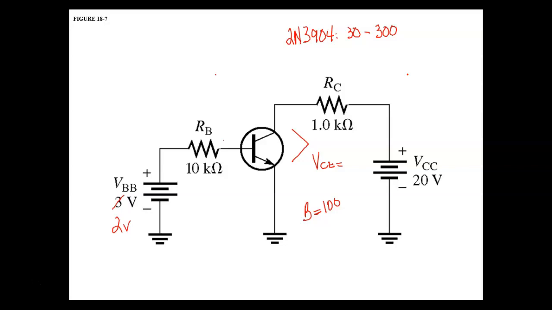All right, guys. So what do y'all got for VB? No, VB, voltage on the base, 1.3. And then what do y'all get for IB? Yeah, right. That's it. Everybody okay so far?